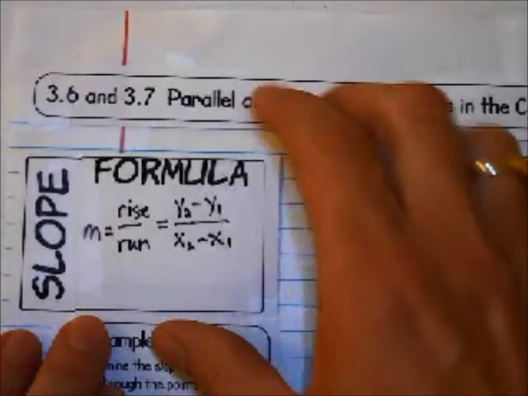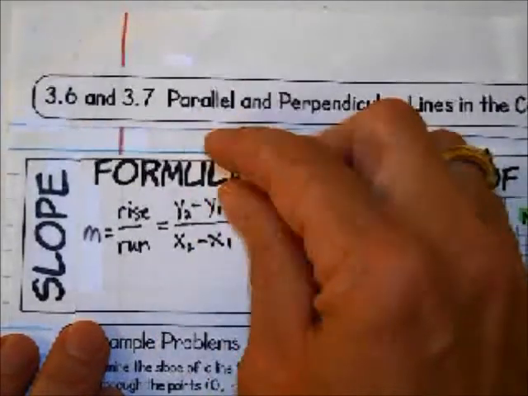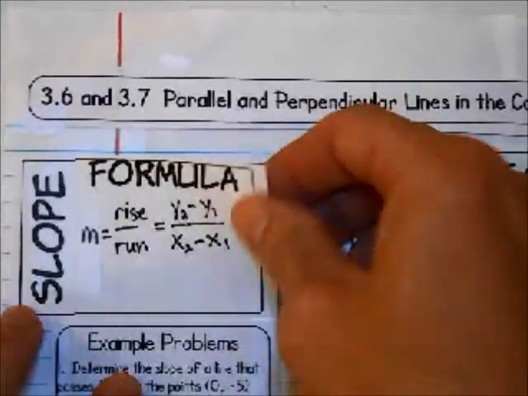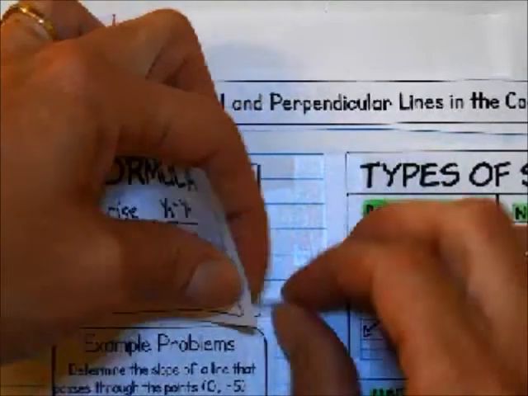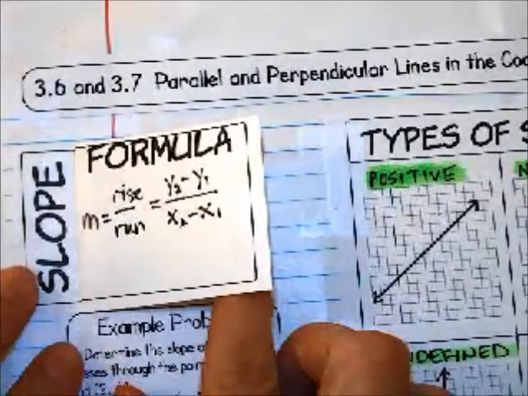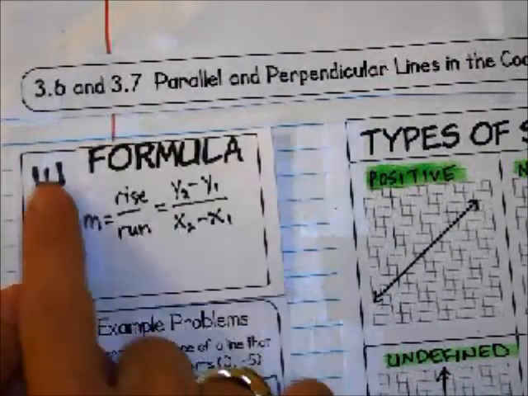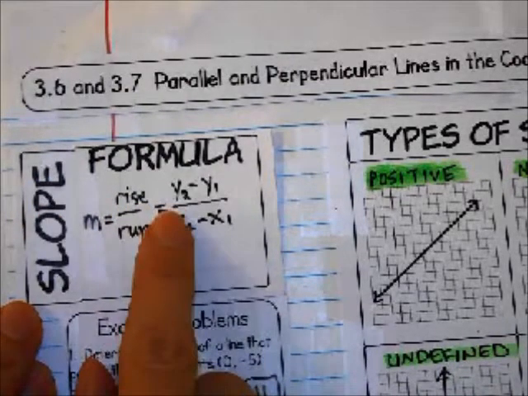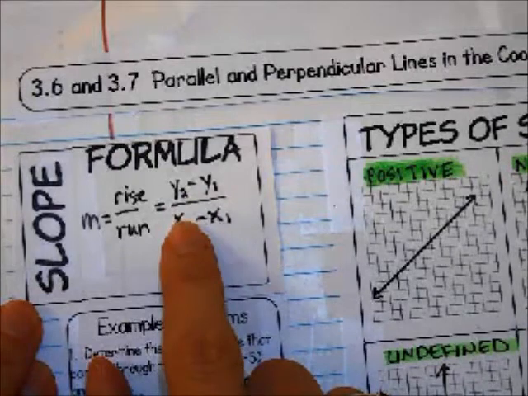All right, the first little cutout that I need you to cut is this little example problem right here. If you notice, it's kind of flapping open like this. This is slope, basic rise over run. The slope formula is y2 minus y1 over x2 minus x1.